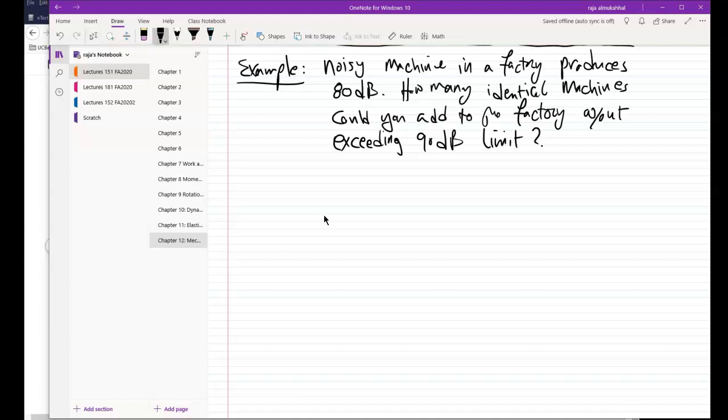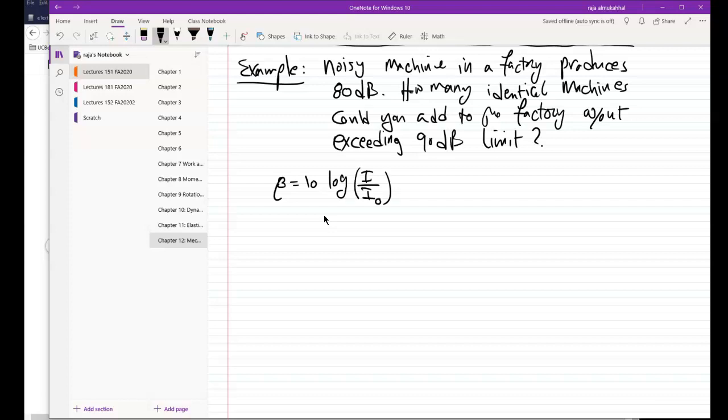Well, here's how it works. First thing, you need to think about it in terms of intensity. So we know that the decibel level beta is equal to 10 log I over I naught, okay? Here is the interesting part.